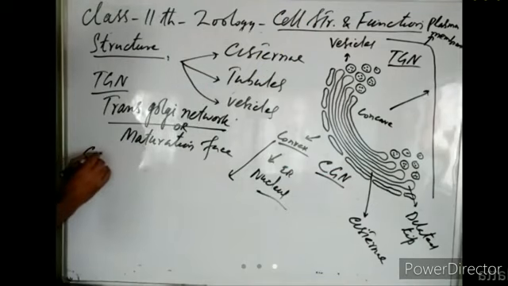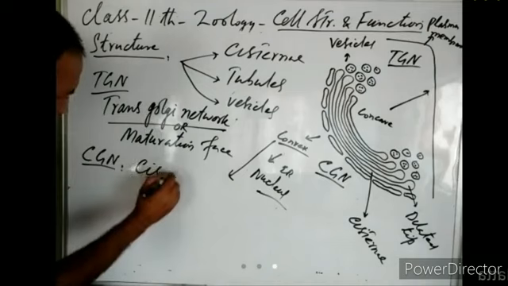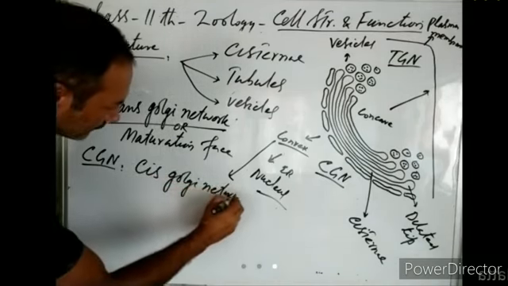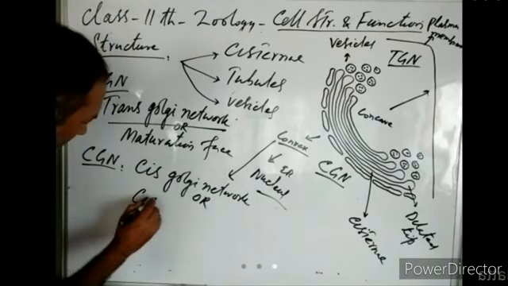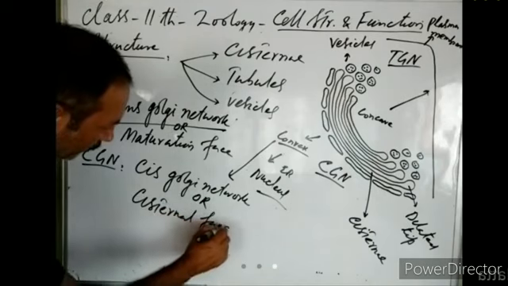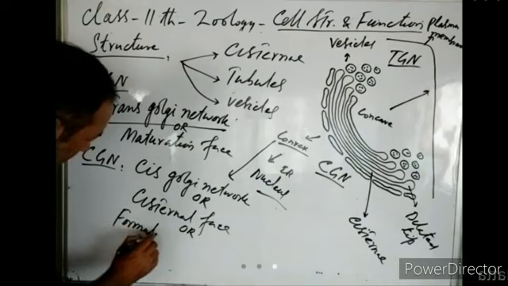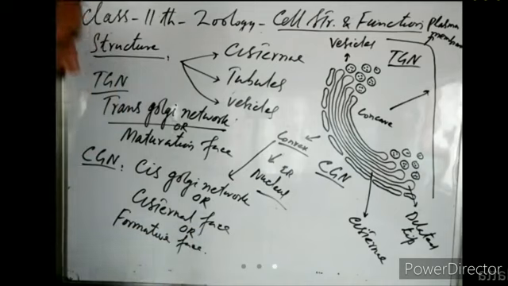CGN stands for Cis-Golgi network, or we call it the cisternal phase, or it is also known as the formative phase of the Golgi body, right?